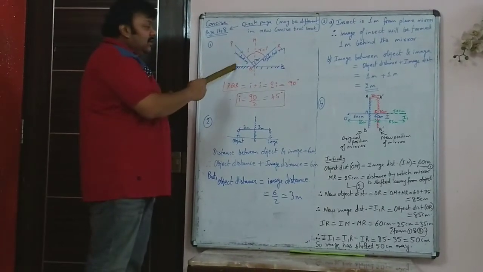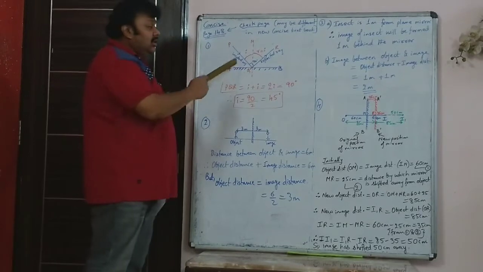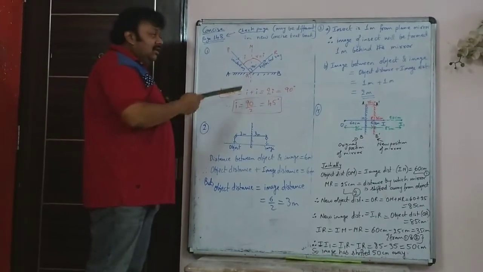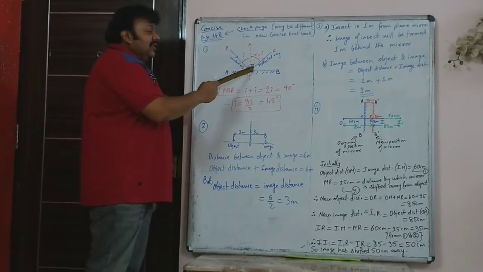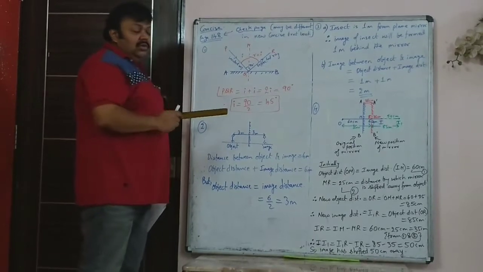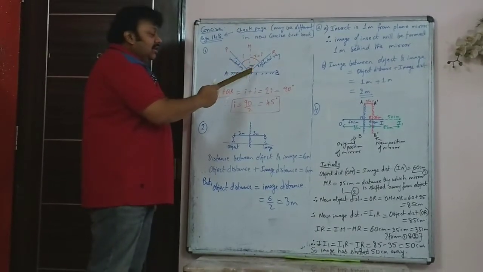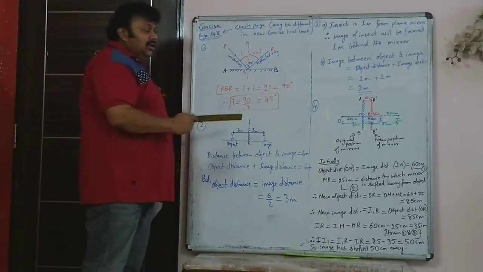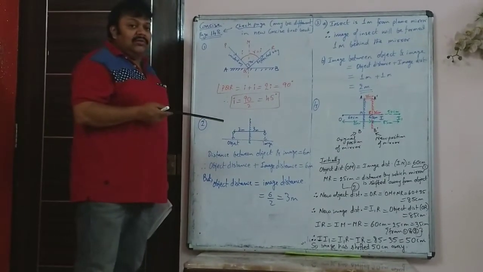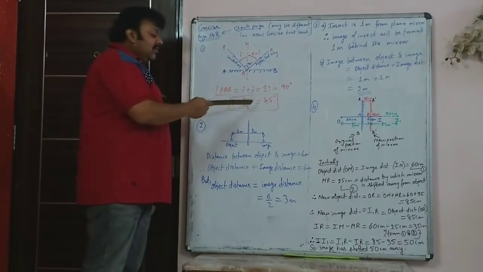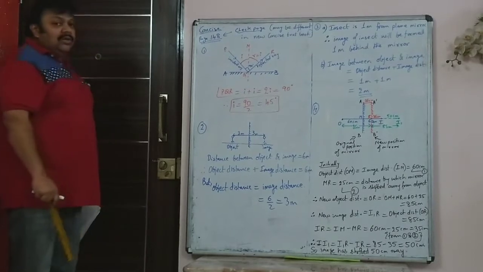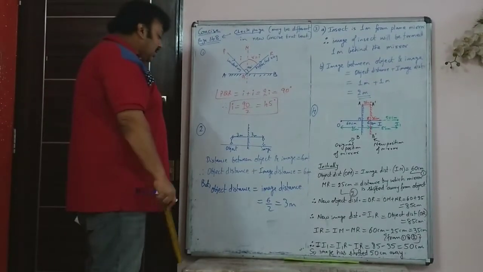It is not the angle between incident ray and mirror, it is the angle between incident ray and normal. That angle and the angle of reflection, the angle between reflected ray and normal, should be equal. So we get I plus I, 2I, is equal to 90, because by the law of reflection angle of incidence is equal to angle of reflection. So angle of incidence is 90 by 2, that is 45 degrees.